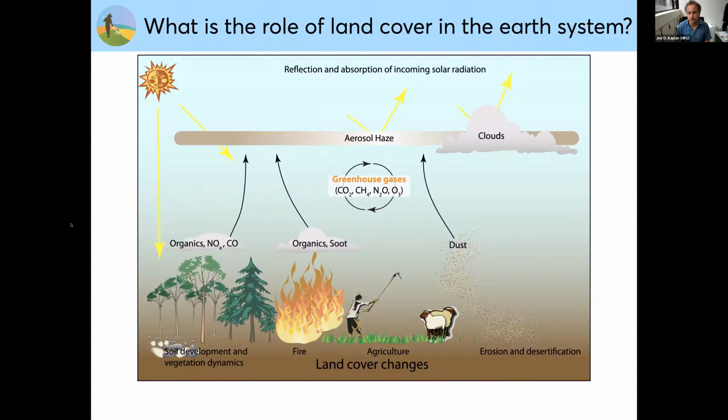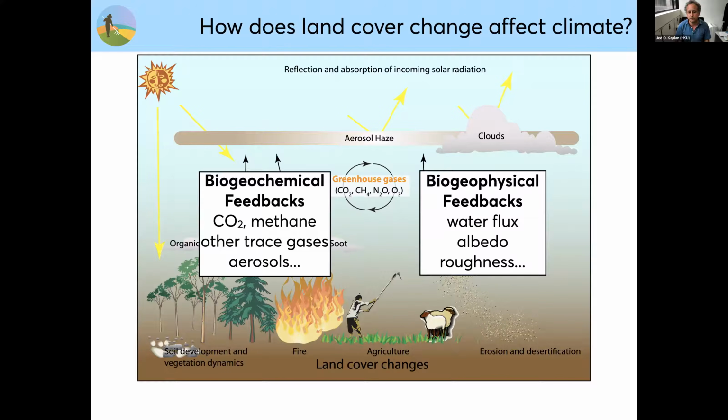In particular, when we think about feedbacks between land cover and atmosphere, we think about two primary pathways by which land cover influences the atmosphere and climate. One of those is biogeochemical feedbacks. Those are changes in the concentration of greenhouse gases and dust and other aerosols in the atmosphere that are brought on by land cover change.